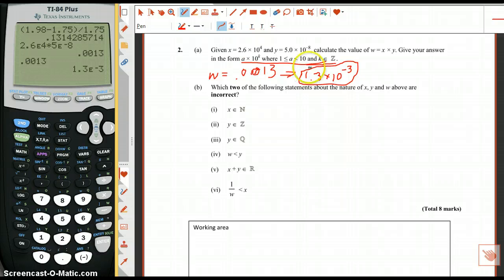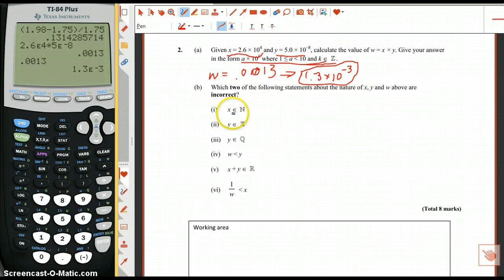Okay, so now that's the right answer to A. What about B? Now we just need to look at X, we need to look at Y, we need to look at W, and then based on X, Y, and W, we're going to see which of these things are satisfied.